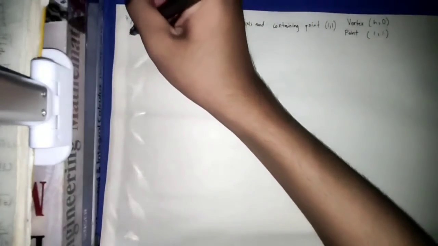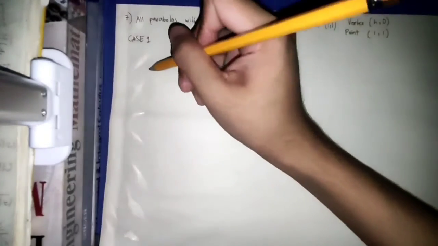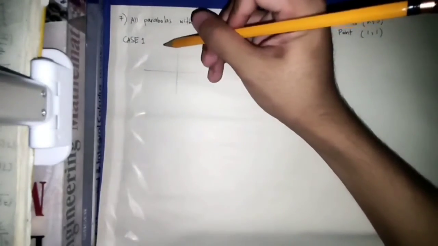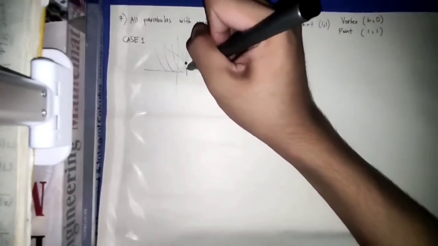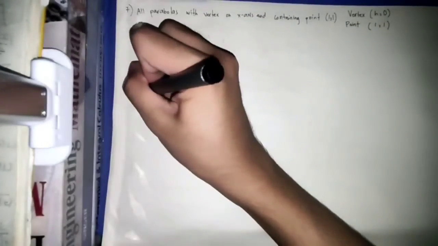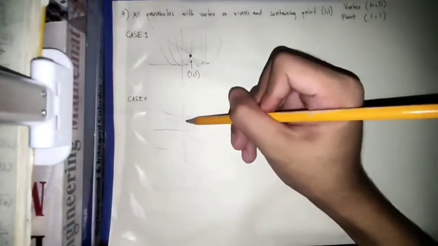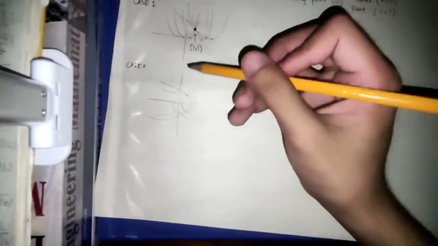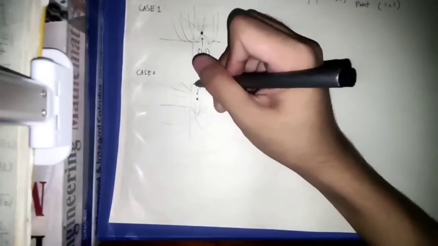Now for this problem, I can think of two different cases, whereas case 1 would give us a sketch whereas the parabolas are opening upward and all of them are passing through the point 1, 1 and their vertex lies on the x-axis. The second case that I can think of is parabolas opening sidewards, either left or right, as long as these parabolas contain a point 1, 1. Also, their vertex lies on the x-axis.